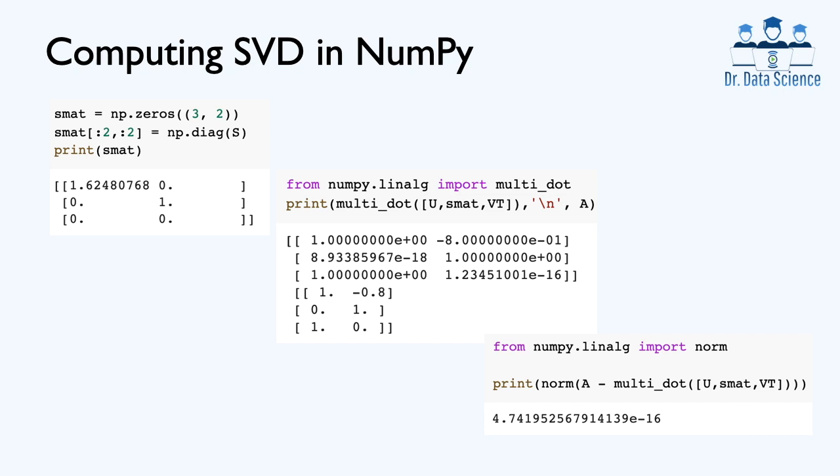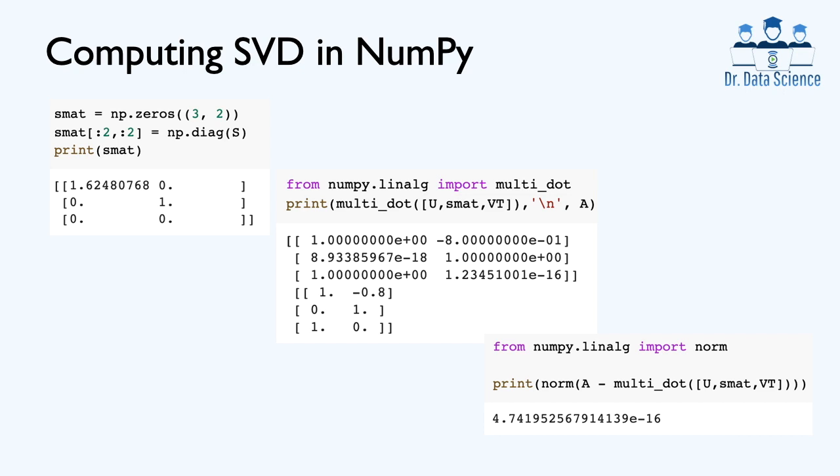So now, using those right and left singular vectors and singular values, we can try to reconstruct the original matrix. In order to do that, I take that one-dimensional array S, and I create a two-dimensional array using this process: we create a matrix full of zeros of size 3 by 2.